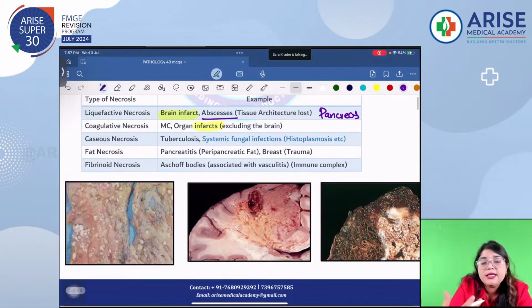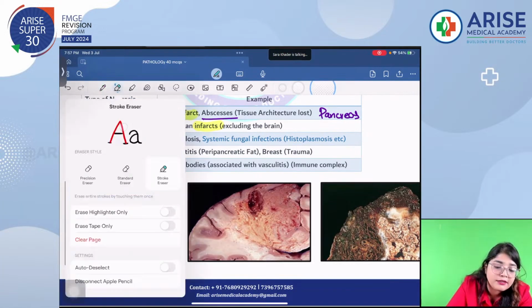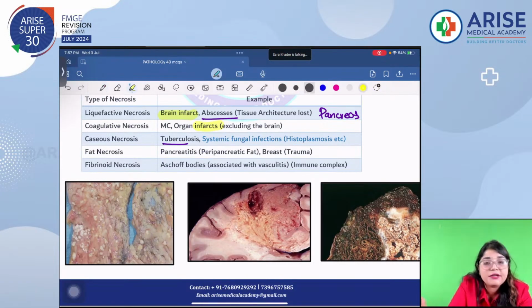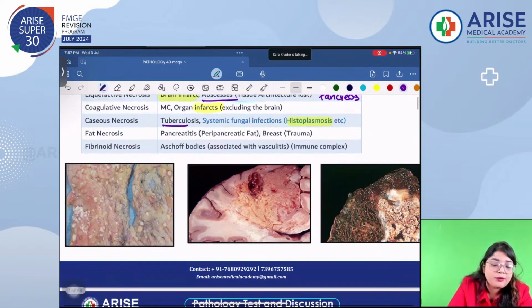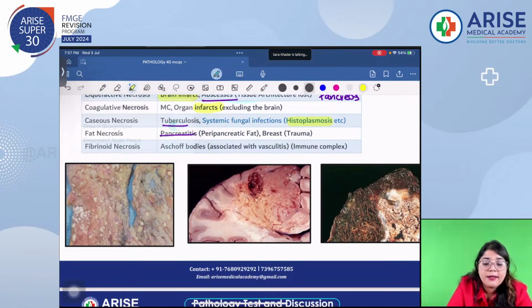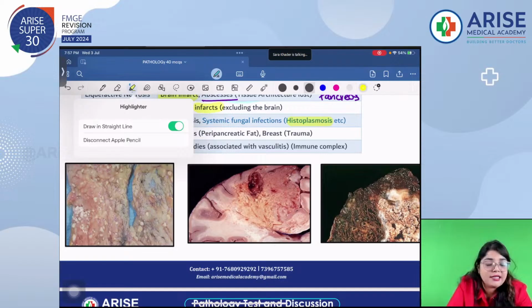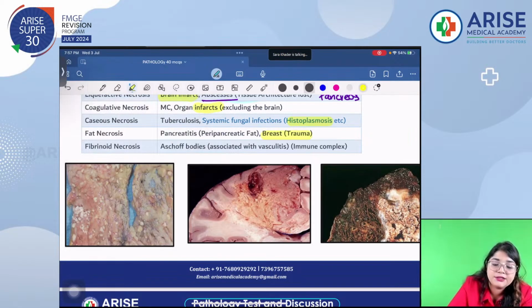Caseous necrosis is actually a combination of both liquefactive and coagulative necrosis, more liquefactive, and it is seen in tuberculosis, systemic fungal infections like histoplasmosis or coccidioidomycosis. What about fat necrosis? As you remember, it is seen in peripancreatic fat due to enzymes like lipase or amylase, and breast due to trauma.